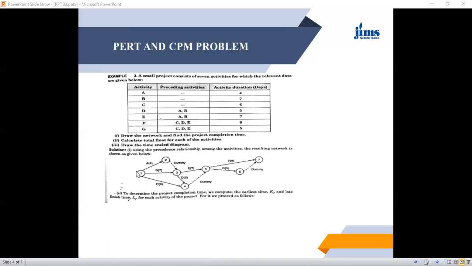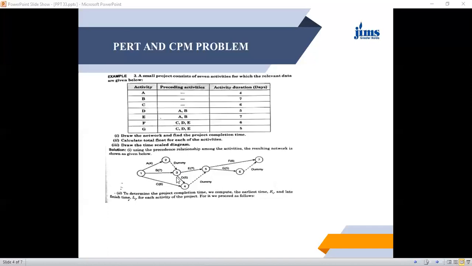Now it says that D has a predecessor of A and B. So A and B both are predecessors. When A and B are both predecessors and there is no activity like 2 and 3, so we join 2 and 3 by a dummy activity.